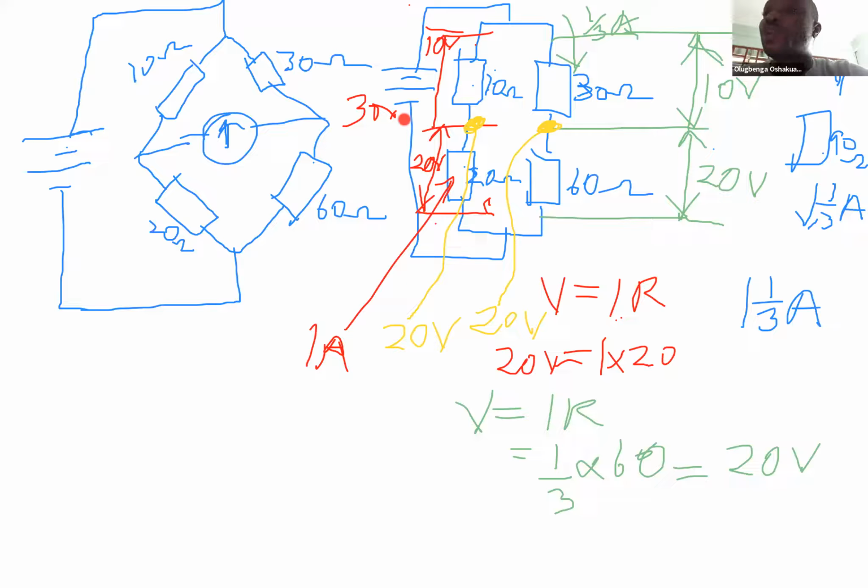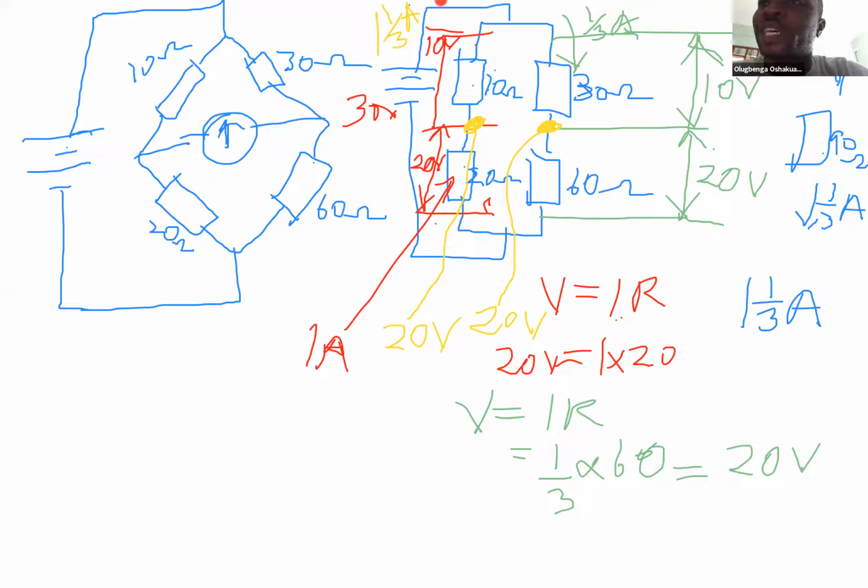And the same one whole number, 1/3 ampere, is what flowed out of the positive terminal of the battery. That's my pen again, one whole number, 1/3 ampere, flowed out of the battery.